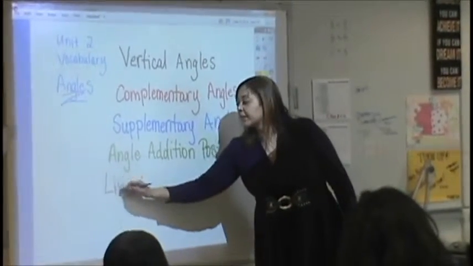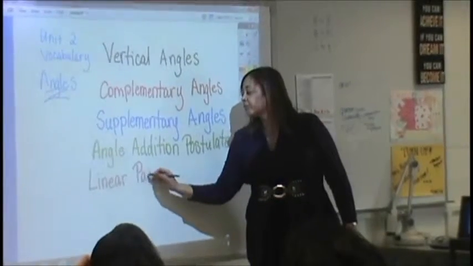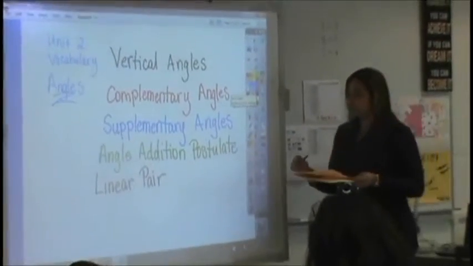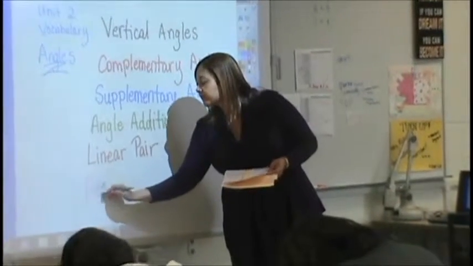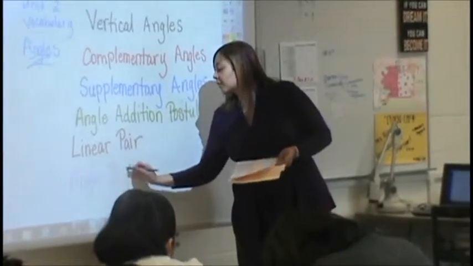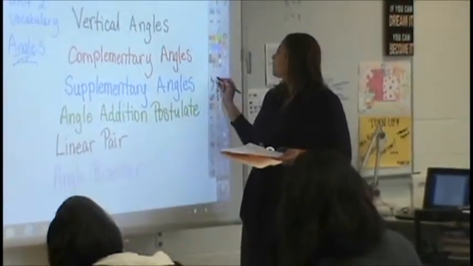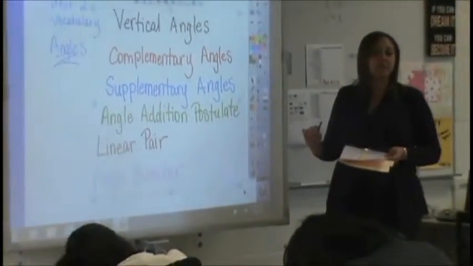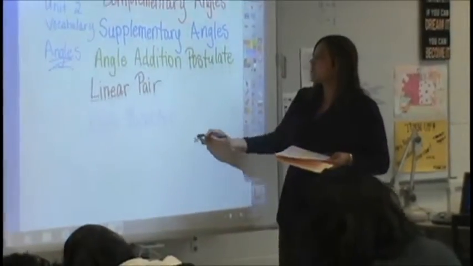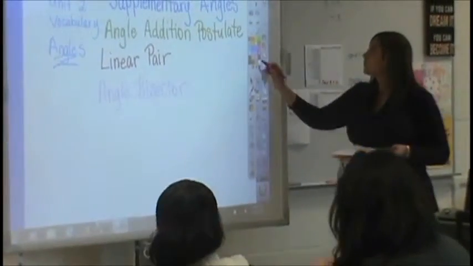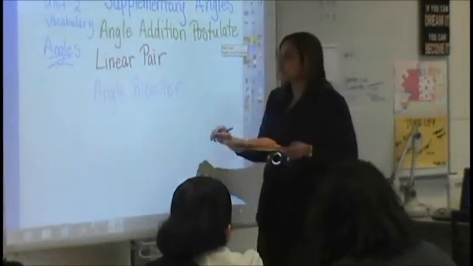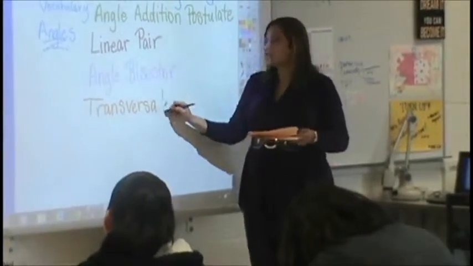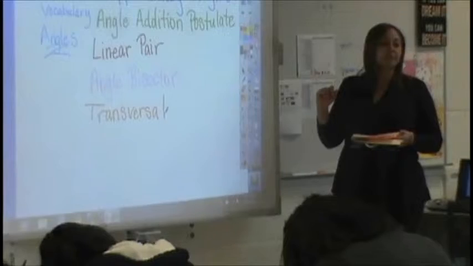After that, we're going to do linear pair. Angle bisector. We're going to do transversal.